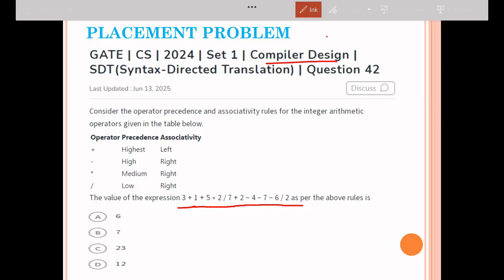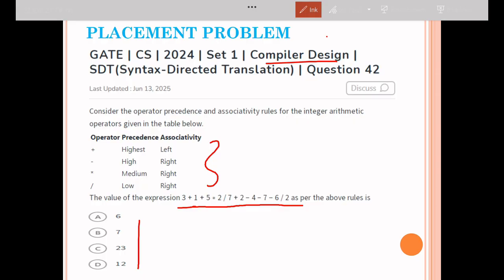Suppose the conditions given are: plus is the highest precedence with left associativity, minus is high with right associativity, multiplication is medium with right associativity, and division is low with right associativity. He is asking what the actual answer is. You should try to solve this question, which came in GATE 2024.